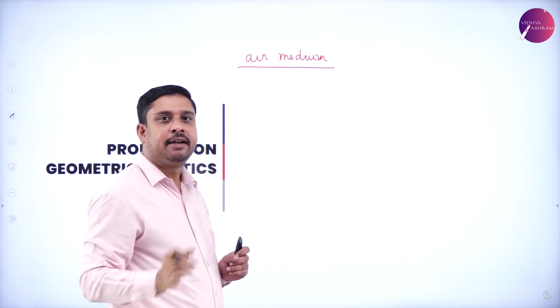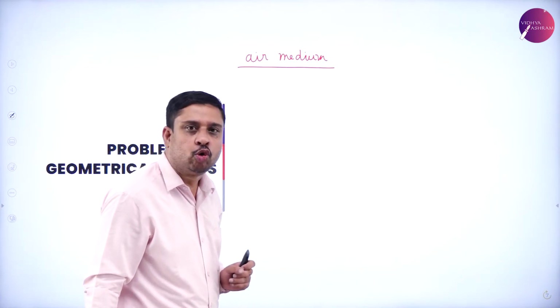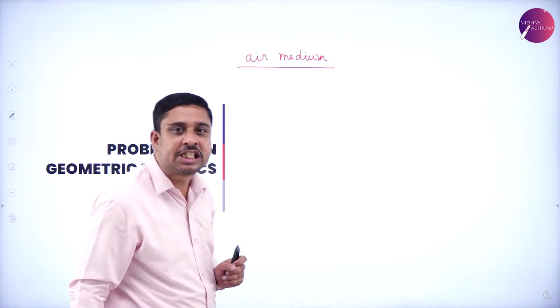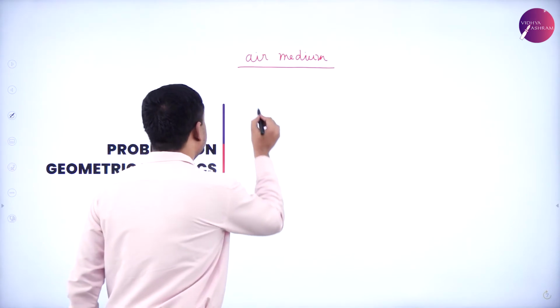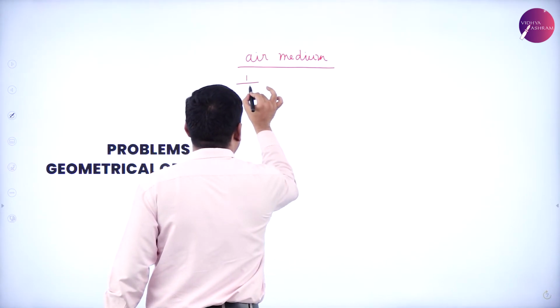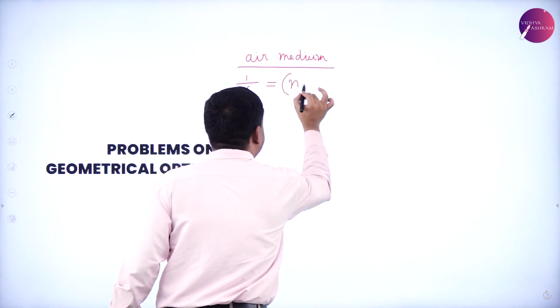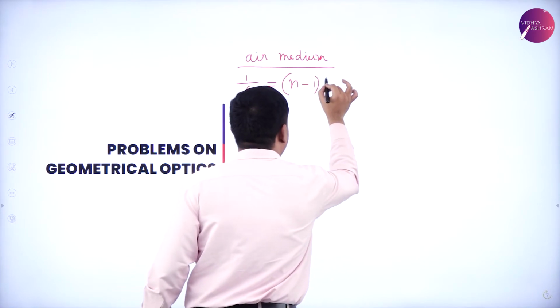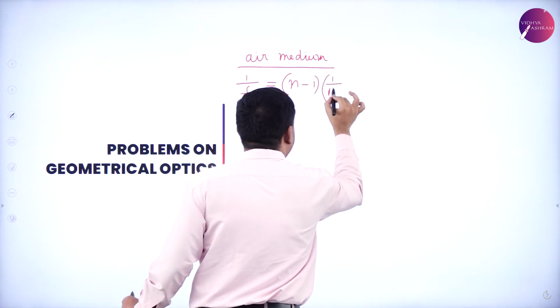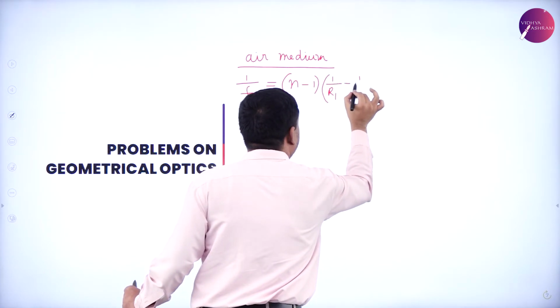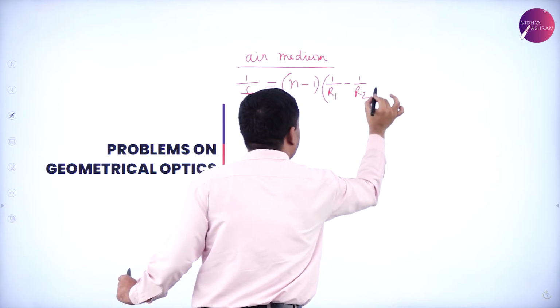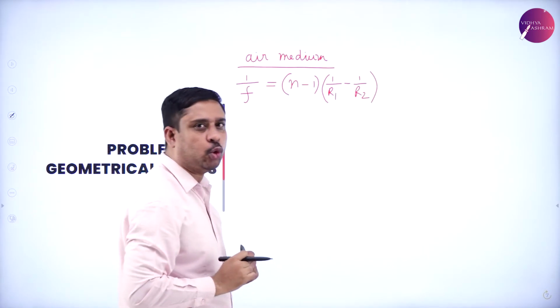So again here I use the lens maker's formula. I say 1 by f is (n minus 1) into (1 by r1 minus 1 by r2).